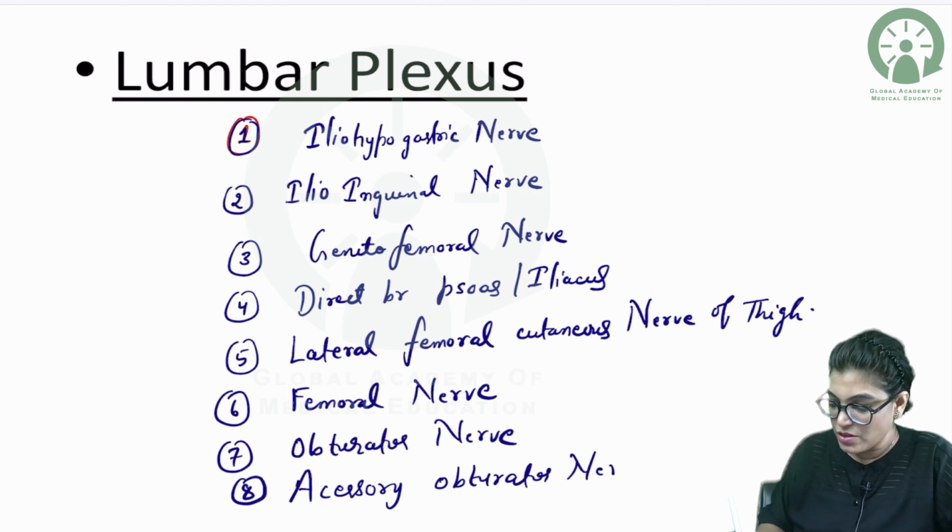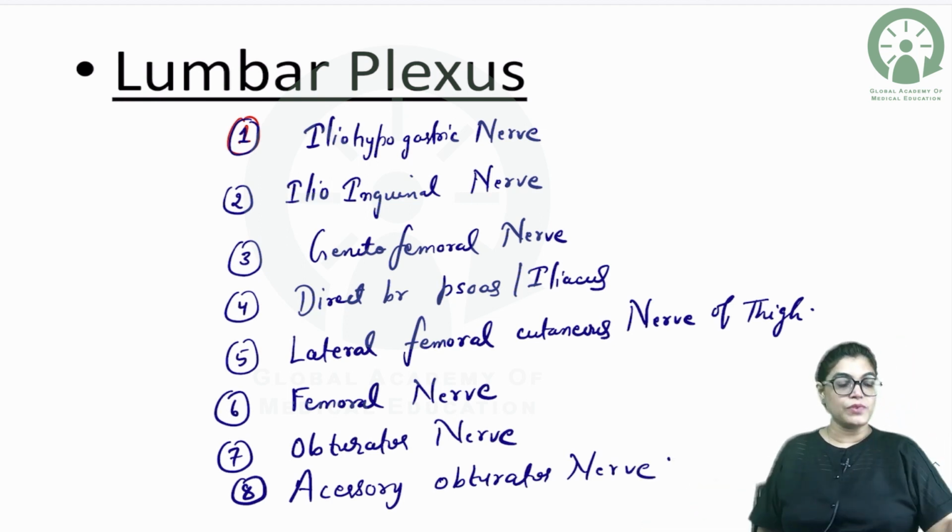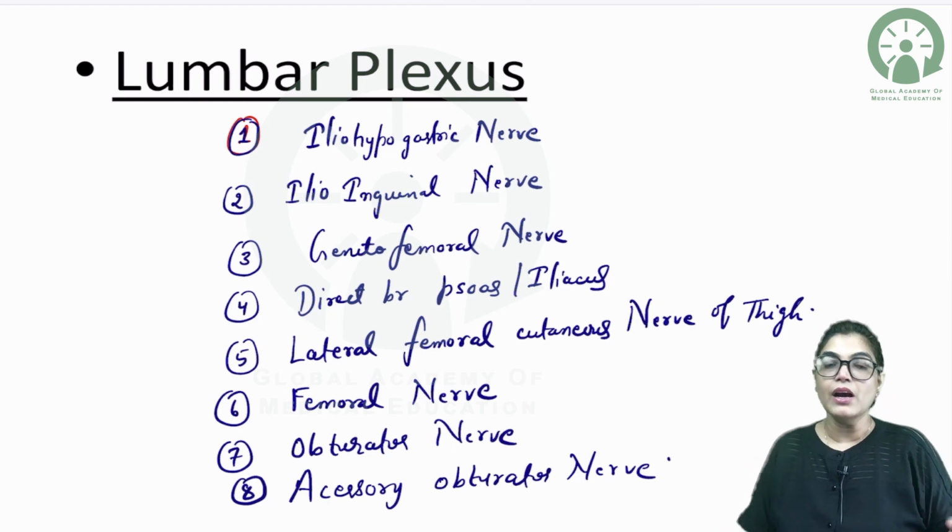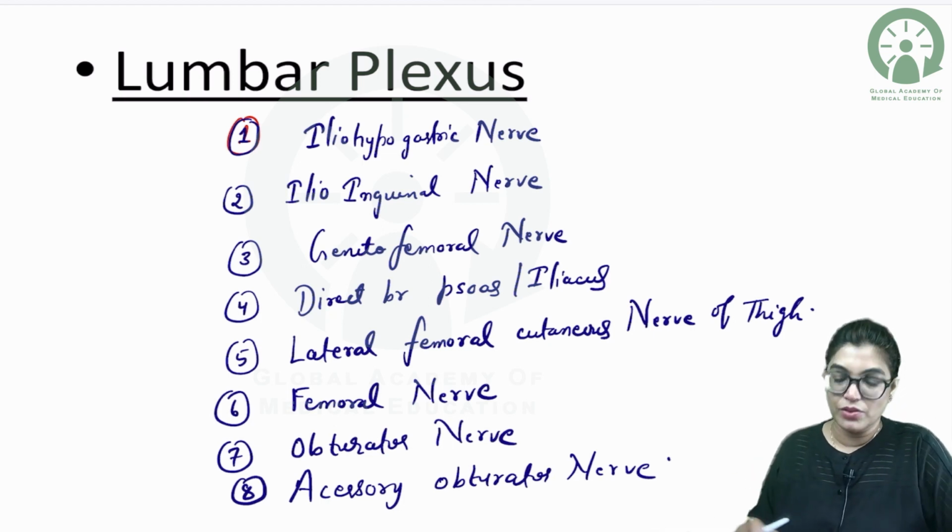So these are the branches of lumbar plexus, and the formation of lumbar plexus is from the ventral rami or anterior rami of L1, L2, L3 and L4.